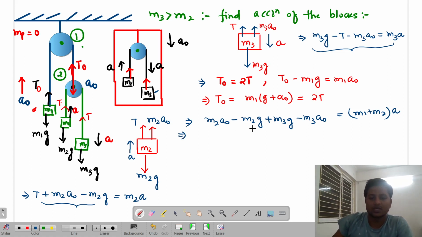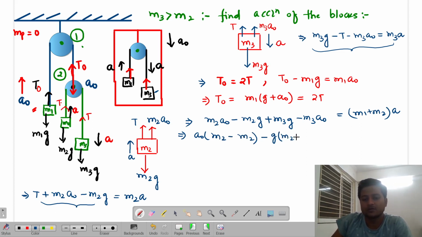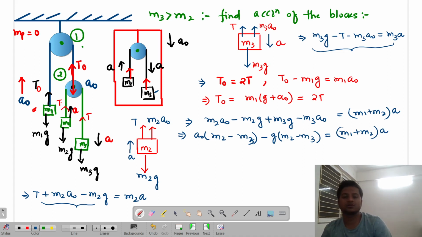Now I can look into the a naught terms. A naught common, that is m2 minus m3, and once again minus g common, m2 minus m3, and that is nothing but m1 plus m2 into acceleration a. Are you able to get me or not?